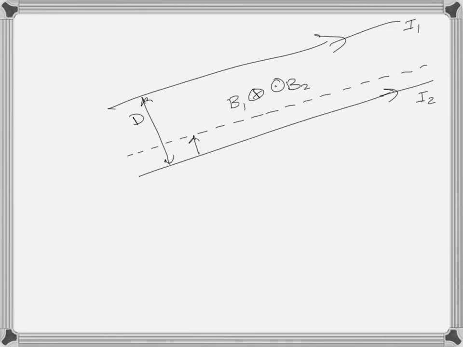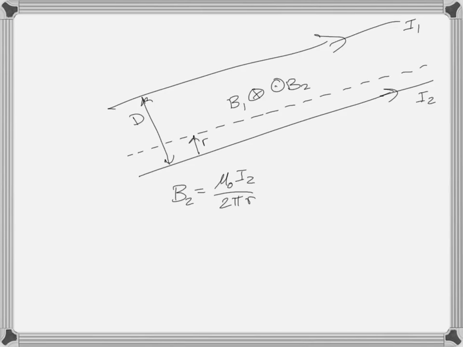So let's just say at some distance r from I2, the magnetic field due to I2 has a magnitude of B2 equals mu naught I2 over 2 pi little r. Okay, so that's the magnetic field due to current 2.